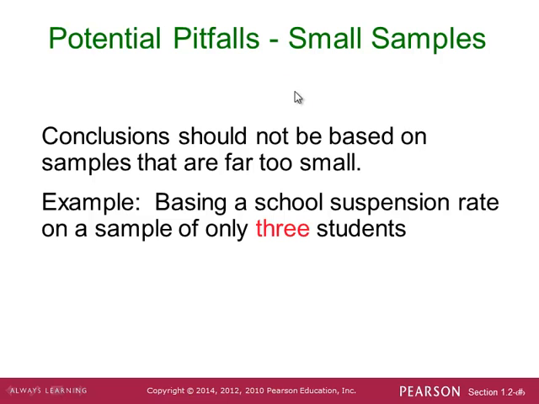We also have to be careful that we have an adequate sample in order to have some confidence in our results. And of course, the larger the sample, the better, but simply taking, say, 3 students, for example, to establish the suspension rate for the school, that's not enough data points.